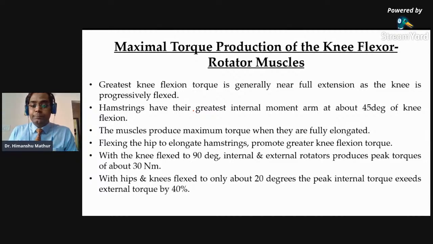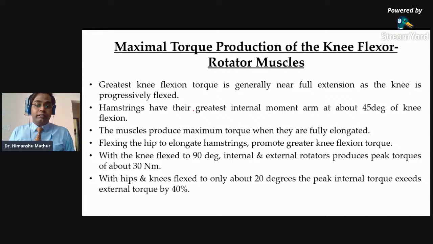All right. With the hips and knees flexed to only about 20 degrees, the peak internal torque exceeds the external torque. This is the reason why I showed you the diagram also. We are able to have a static equilibrium with 20 degrees of hip flexion and about 20 degrees of knee flexion, because there is more internal torque at that time and it can exceed the external torque.